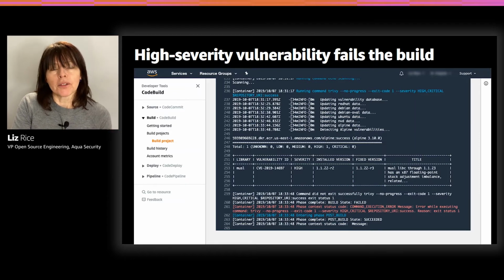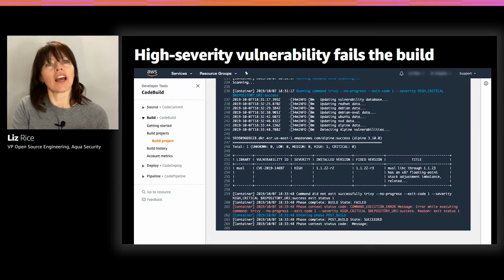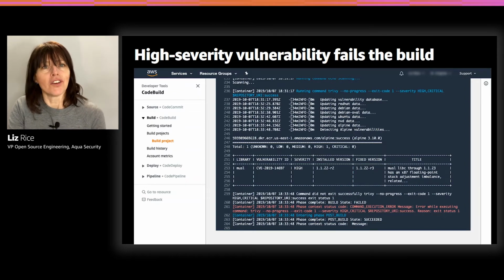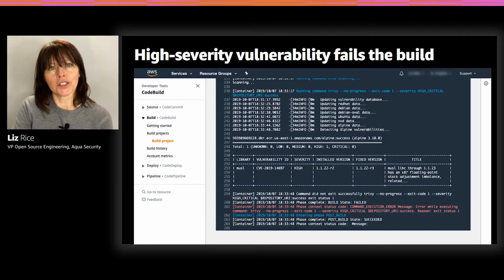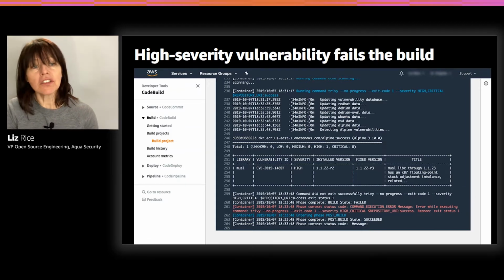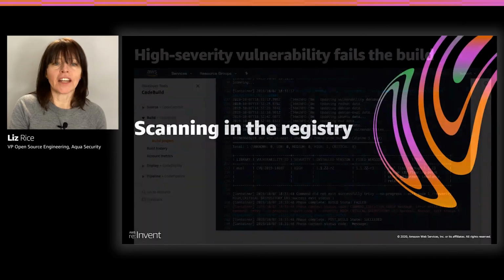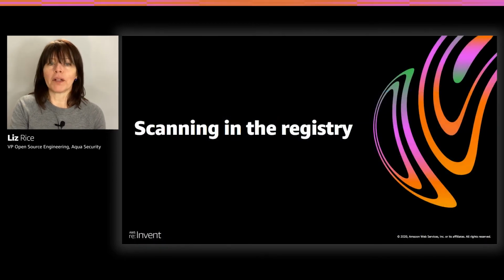But as I mentioned, because new vulnerabilities get uncovered every day, it's possible that a new vulnerability might get discovered in the image after it's been pushed to the registry. So it's a good idea to have regular scanning built into the registry. As an AWS user, the easiest way to do this is to enable scanning in ECR.